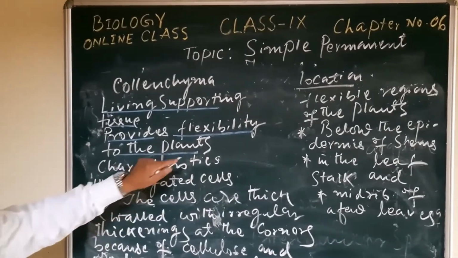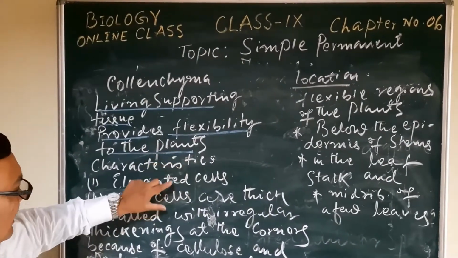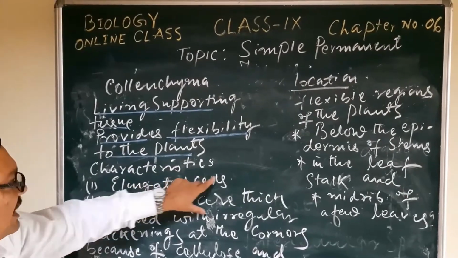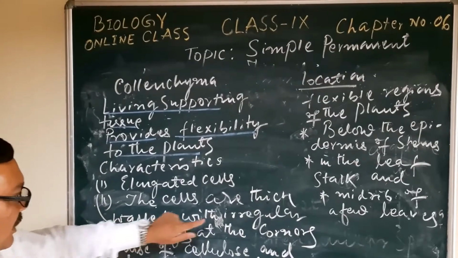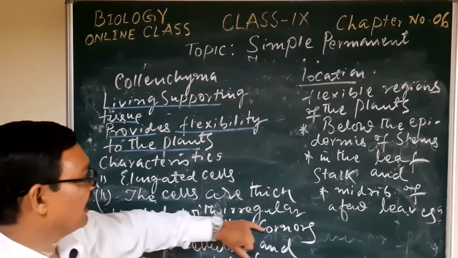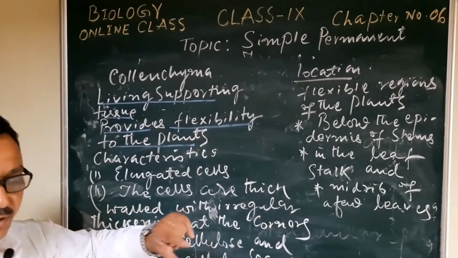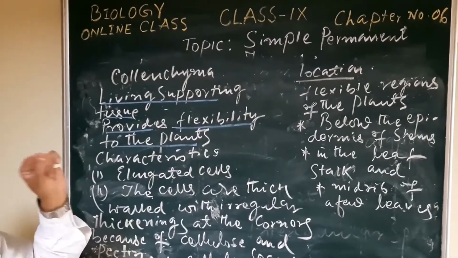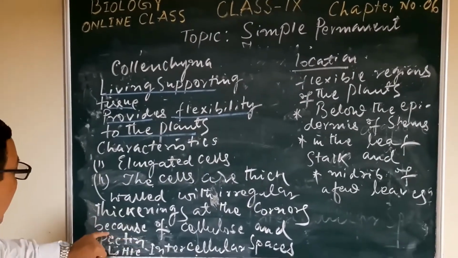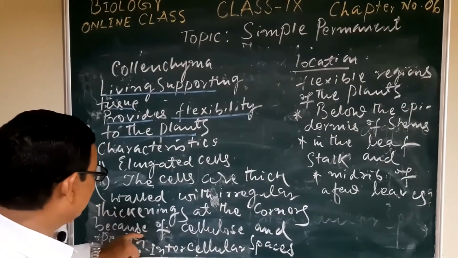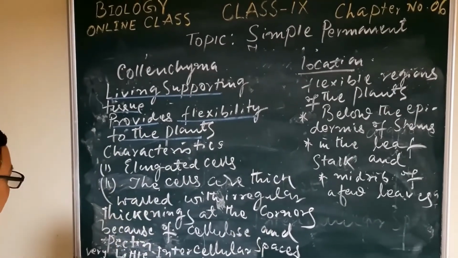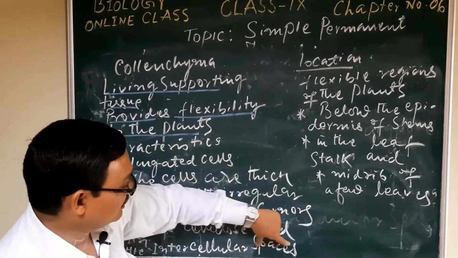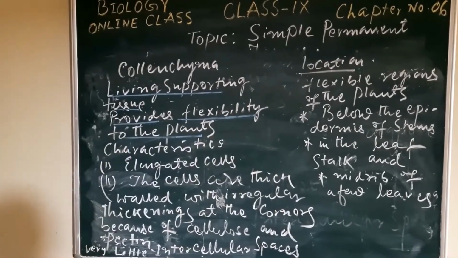Now some special characteristic features. The cells are elongated, thick walled, with irregular thickening at the corners. That means in the corner areas there is much more thickening, due to the deposition of cellulose and pectin. Very little intercellular space is present.